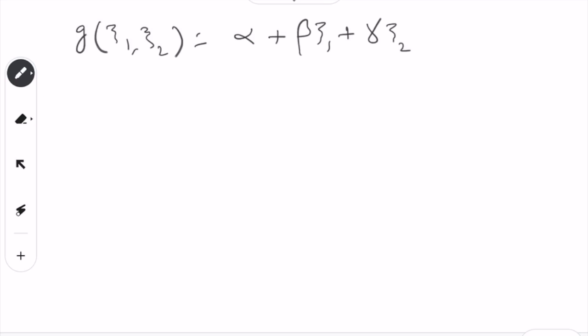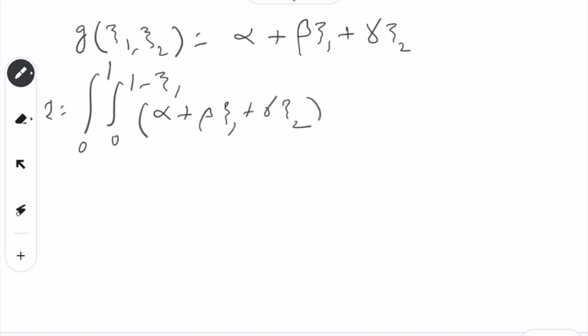Then what happens? If we integrate this, the I will be equal to the integral from 0 to 1 minus xi1, then 0 to 1, of alpha plus beta xi1 plus gamma xi2, d xi2 d xi1.